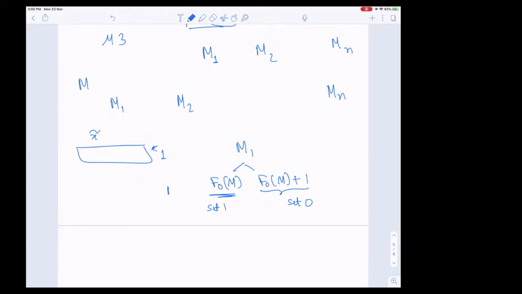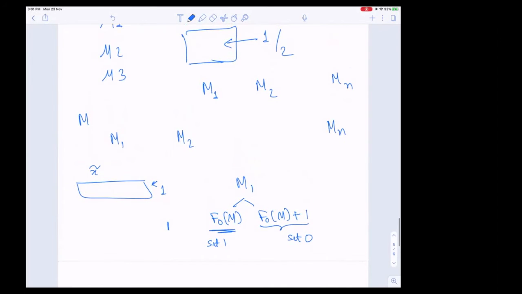And this is the way I can reconstruct my X from the set of information M1 to Mn. Is the decoding algorithm clear?